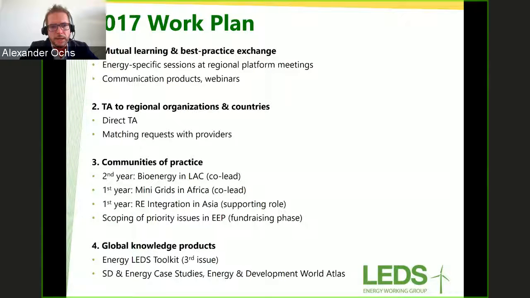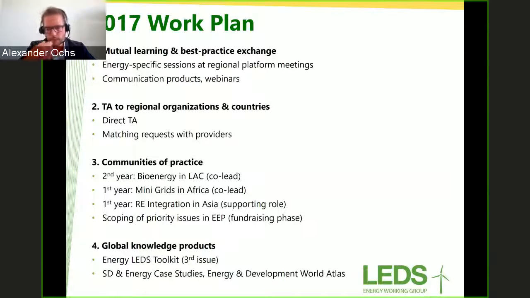In Africa, we're working on mini grids, and specifically on accelerating rural electrification through mini grids. In Asia, we play a supporting role, not a lead role, on a community of practice on renewable energy integration.